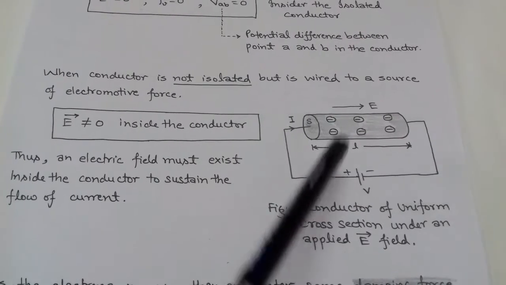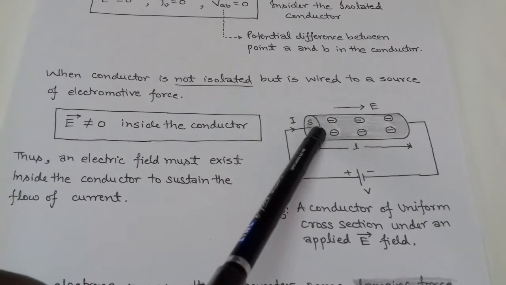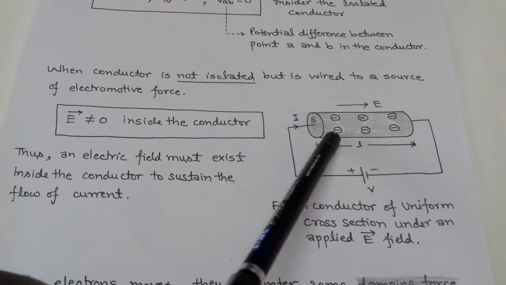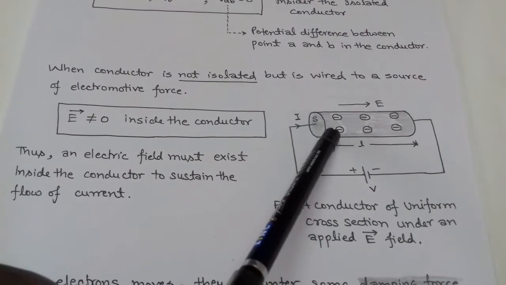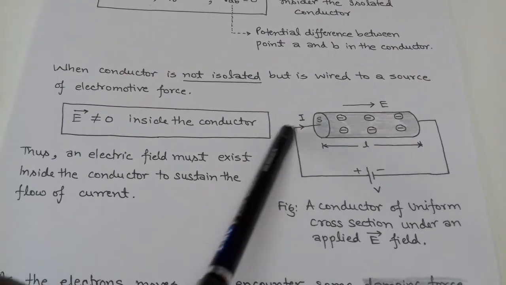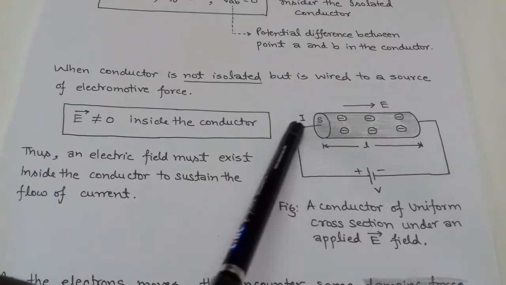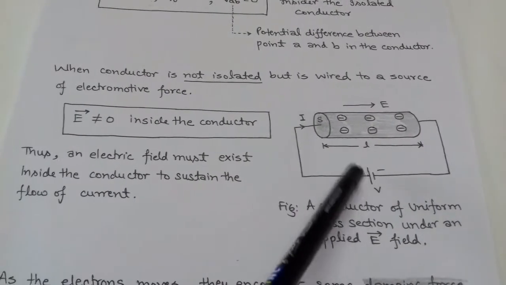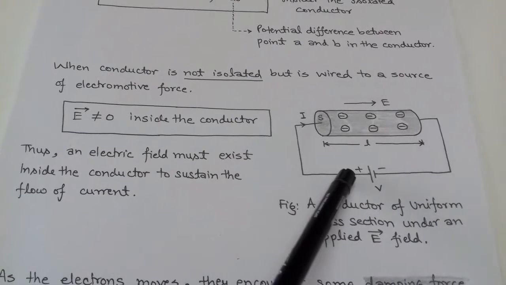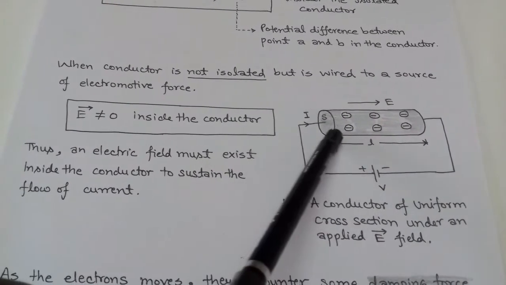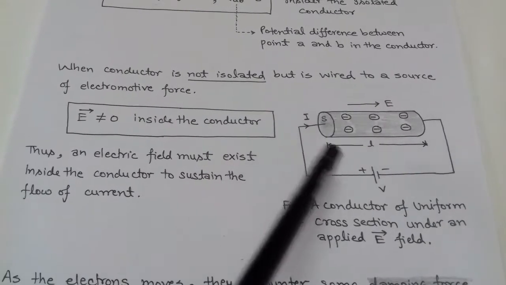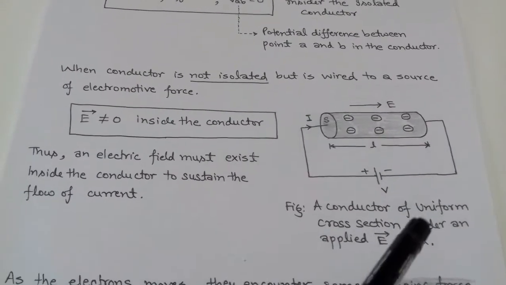So a conductor has free charge, that is in the form of electrons. These free charges, that is negative charge, are attracted towards the positive terminal of the battery, and in the direction opposite to the flow of electrons, a current I flows.